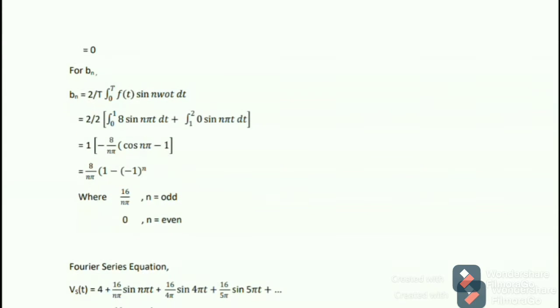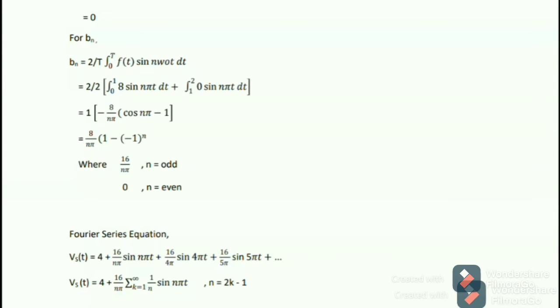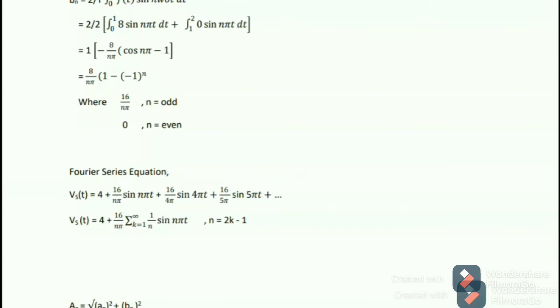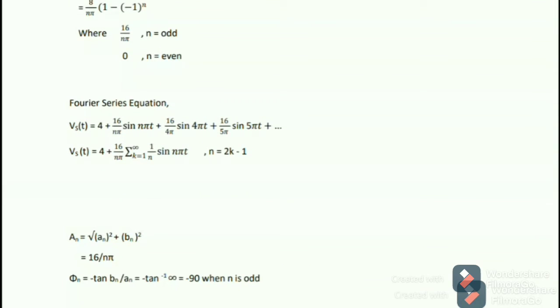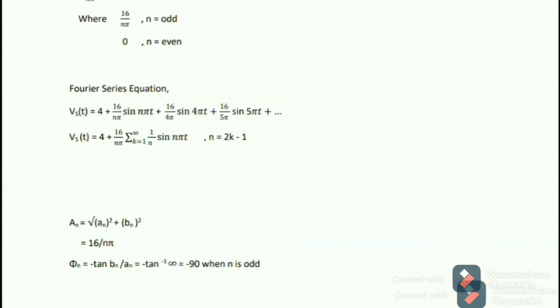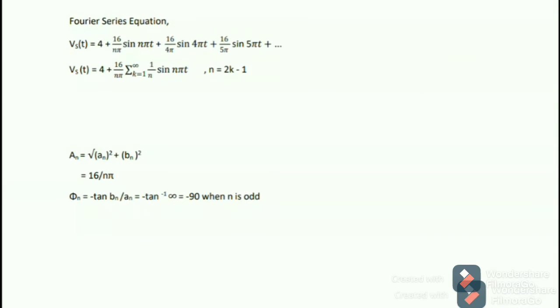We solve the equation and we've got the answer 16 over n pi, where n is odd and 0 when n is even. So this is the Fourier series equation. Next, we need to find the analysis of the Fourier series equation, and we've got the answer is 16 over n pi.